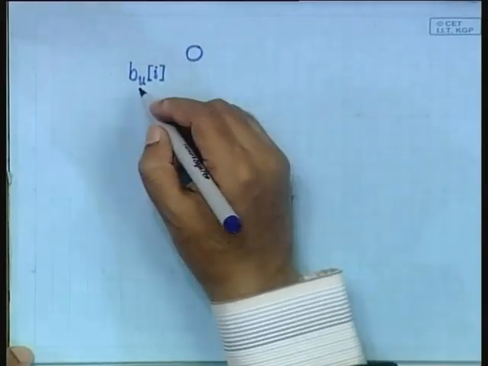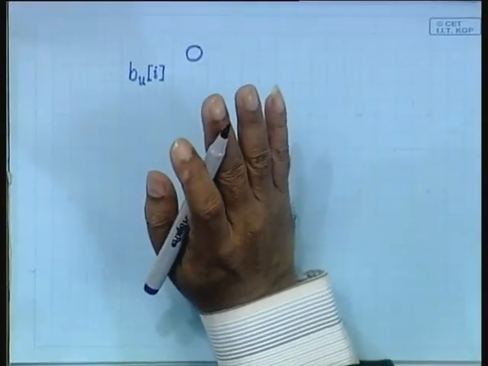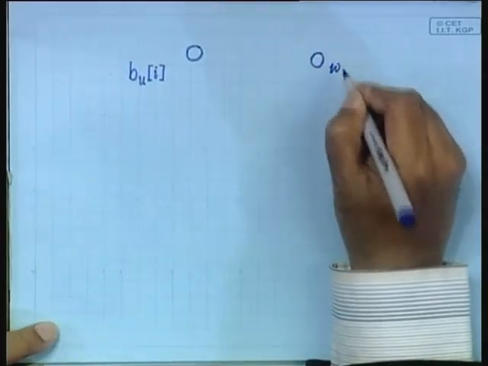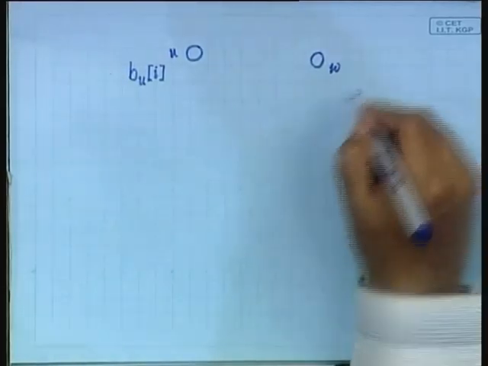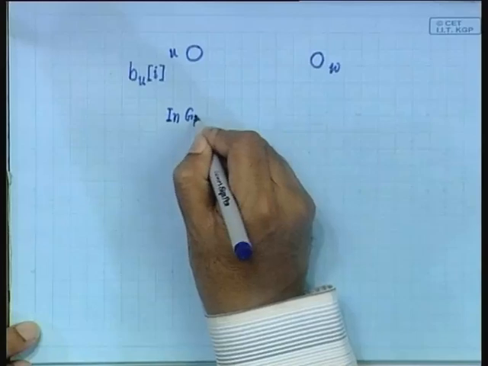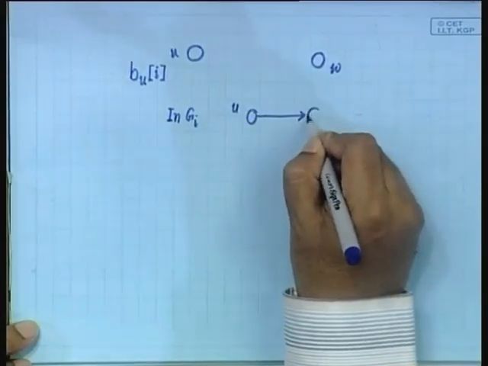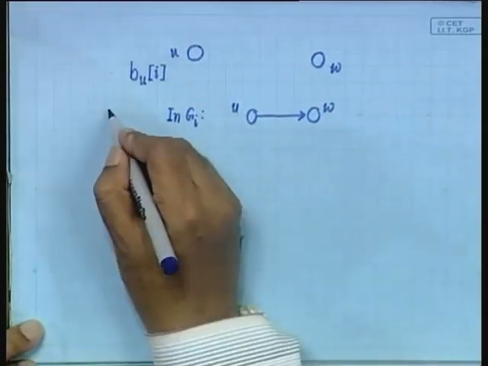Now in gi, suppose this packet has to be forwarded, but the routing algorithm decides which is the next node to which it has to be forwarded. Suppose w is the next node to which it has to be forwarded. This is u. Now in gi, there are two cases, that in gi there is an edge from u to w. This is case 1.